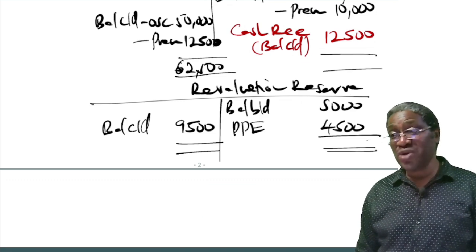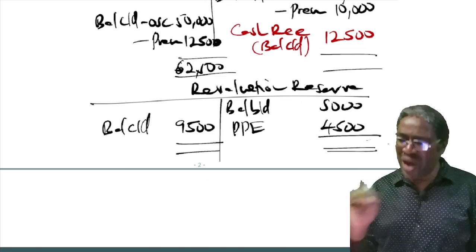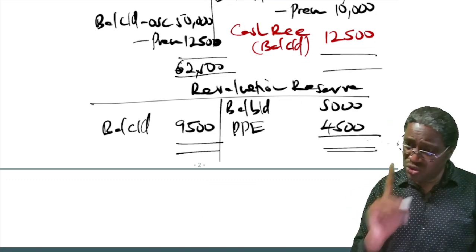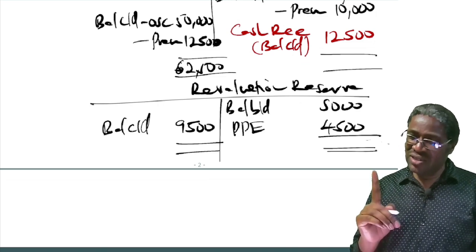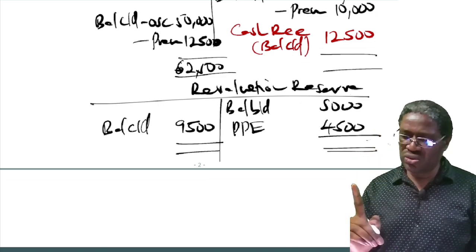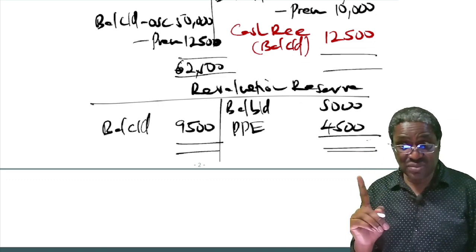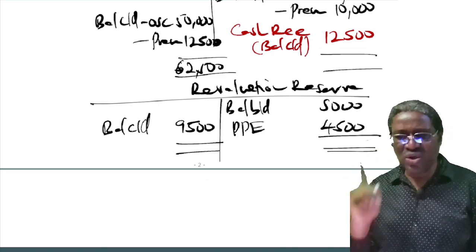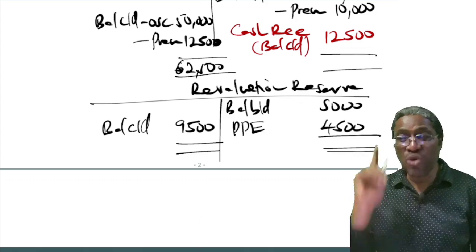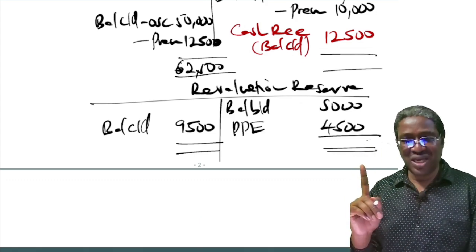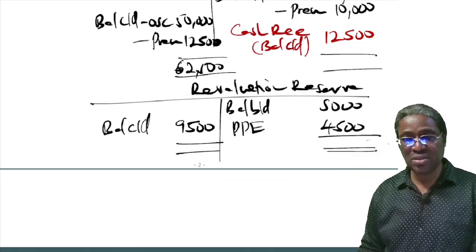This 4.5 million is a gain. But I want you to understand, as much as it's true, it's a non-cash item, we don't use it in the cash flow statement.